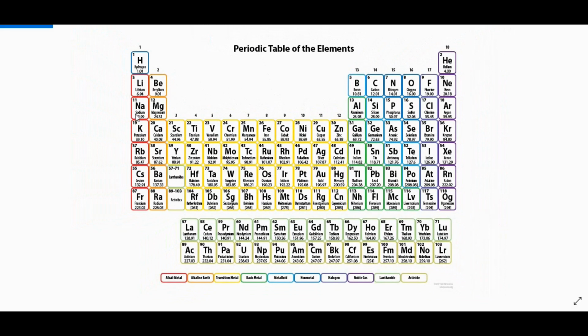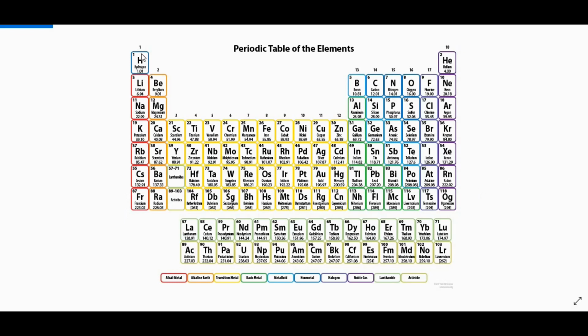Then starting with sodium is period 3, and potassium starts period 4, and then all the way down to period 7, which starts with francium.